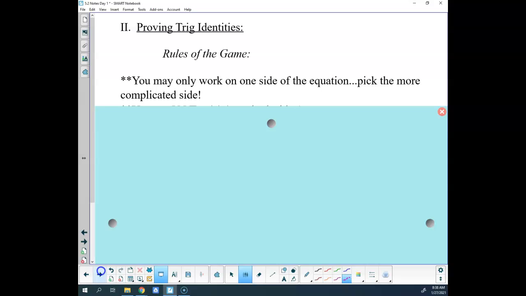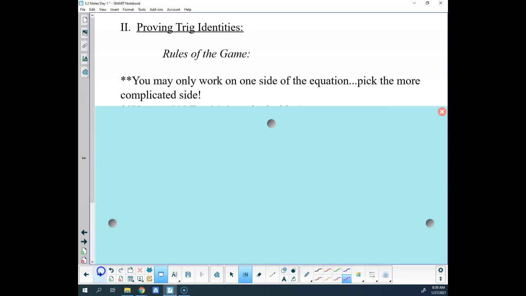So you're going to want to pick the more ugly, scary, makes-you-want-to-drop-the-pencil-and-walk-away side. That's the side you want to go with. You want to go with the more complicated side because you can do more with it.